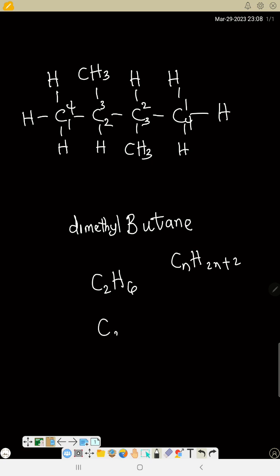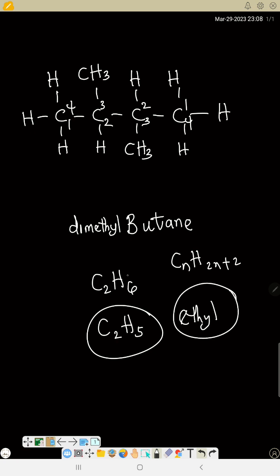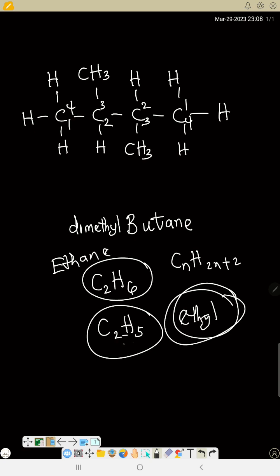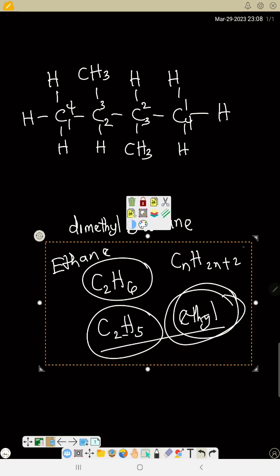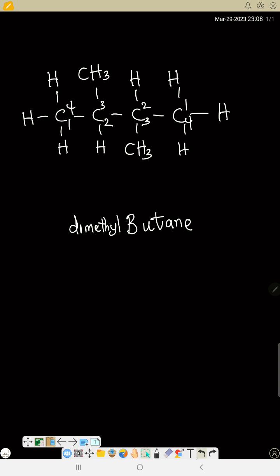So if you now have C2H5, you should know this is ethyl, as in it will not be alkane, but this one is ethane. So anytime it is one short of hydrogen from alkane, then it is alkyl. So this is ethyl. Please take note. Just like what we have here now, we have methyl because this is CH3, while methane is CH4. So that is CH3, methyl.